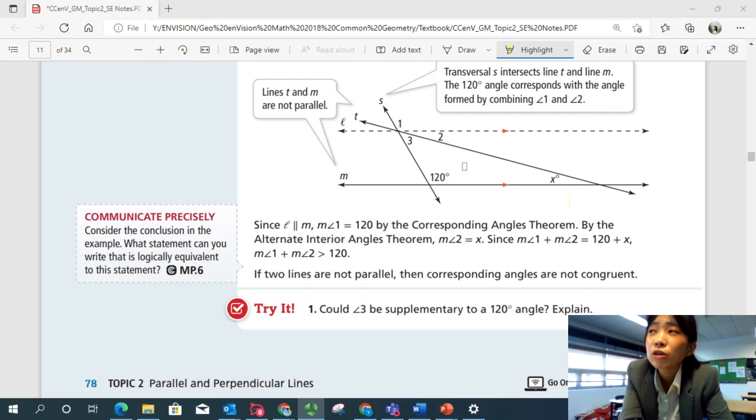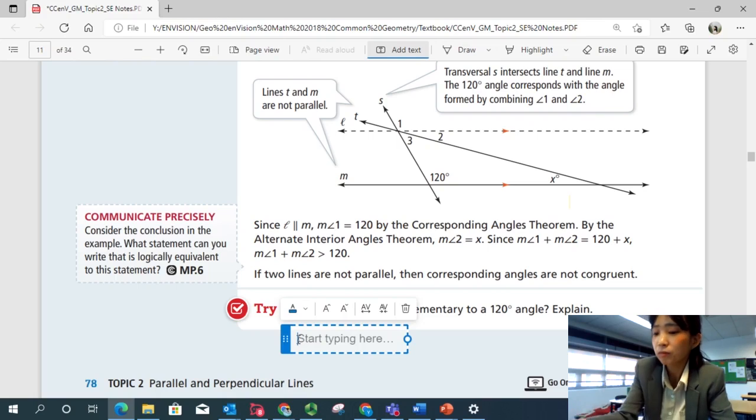So that means your angle 3 cannot be exactly 60 degrees. It has to be less than that. And in order for x to be 0 degrees, that means T is the same line as M, but that is not true. So there's no way it could be supplementary to a 120 degree angle.